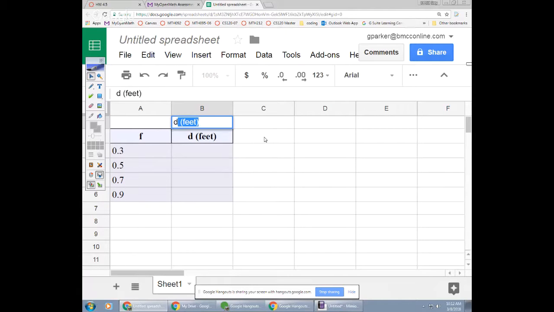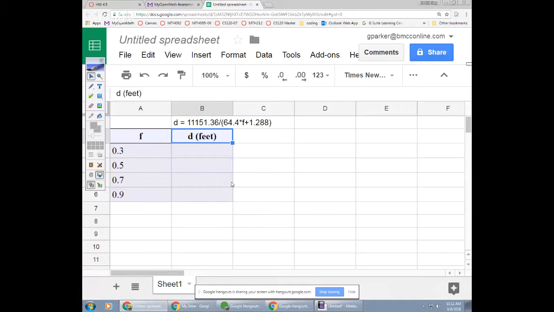I got D equals 11151.36 divided by parentheses 64.4 times whatever F is plus 1.288. Everybody write that down.